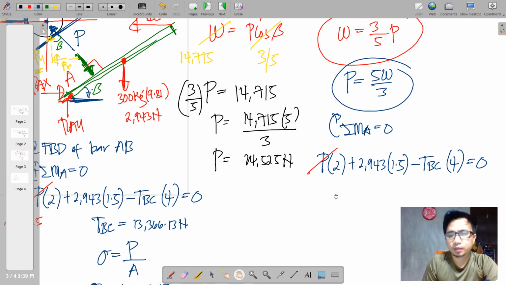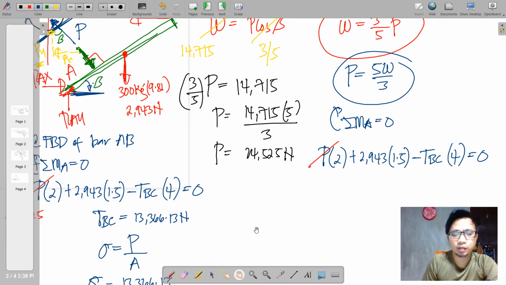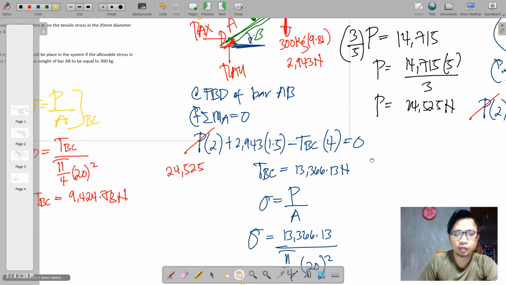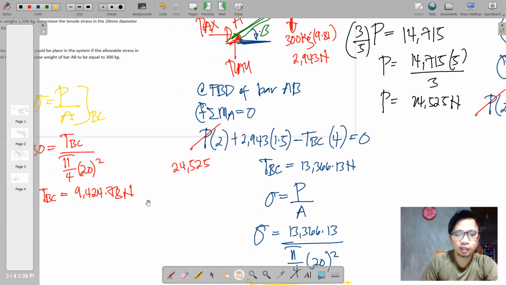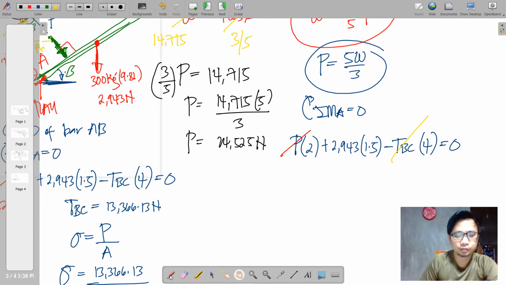So instead of replacing P here, we're going to replace a value for TBC because we already have a limit for that, 9424.78. And then P is in terms of W, 5W all over 3.